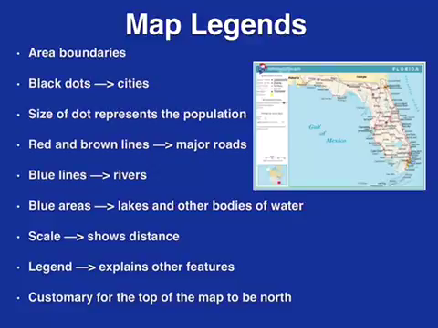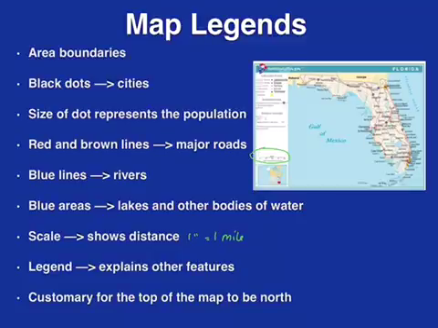Blue lines are rivers. Blue areas are lakes or other bodies of water. And there's a scale to show you distances. Usually something like 1 inch equals 1 mile would be an example of a scale. A legend is going to explain other features.